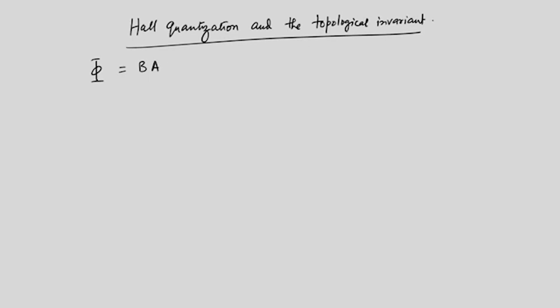We have also seen that if phi by phi 0, with phi 0 being h over e, the flux quantum, is an integer, a whole number, then the system properties will remain invariant.